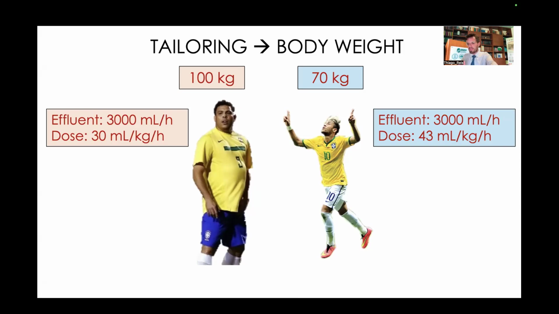For a 100 kilogram patient, this would be an adequate dose, which is around 25 to 30 mLs per kilogram per hour. But for a patient with 70 kilograms, this would be a high dose, an unnecessary dose, and this could even be harmful to the patient because we're also dialyzing micronutrients, we are also removing antimicrobials. So it's important to tailor the dose based on patient's body weight.